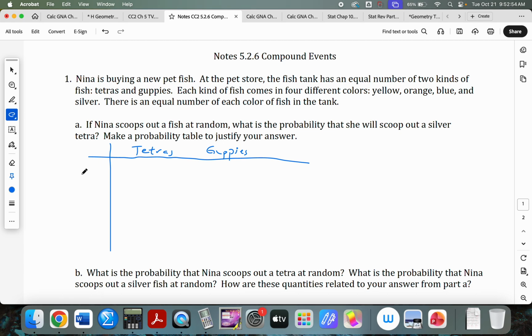So tetras and guppies, and then we've got yellow, orange, blue, and silver. I'll cheat and make my lines nice and straight.